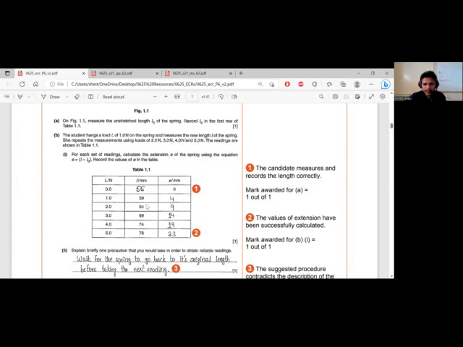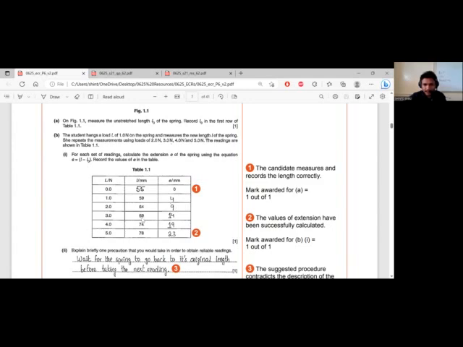As you know, a spring obeys Hooke's law, so the load and extension should be directly proportional. For instance, you can see the length that is recorded was 59 and 64 here, which means there is a difference of 5 millimeter. So the same is reflected in the extension column that you are filling out here.